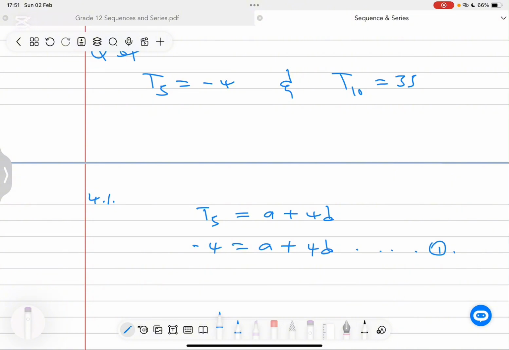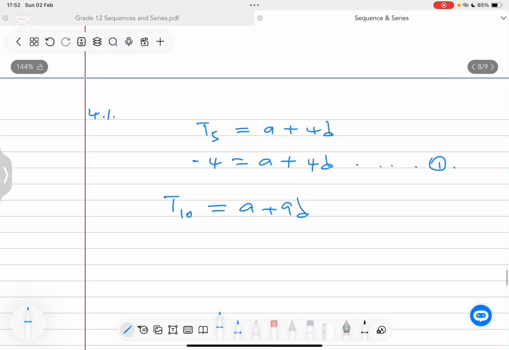Now I'm going to use the second argument, this one here, to say term 10 is defined by a plus 9d. I hope that you can see this property as we explained it in lesson 2, to say any term that you have is going to be defined by a.